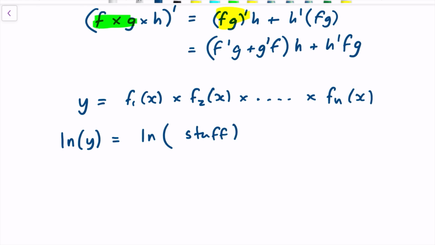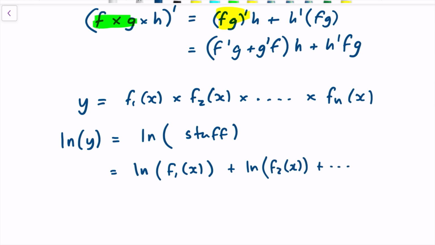And when we log a product, we can turn it into the sum of logs. So we end up getting ln of f1 of x plus ln of f2 of x, all the way up to ln of fn of x.